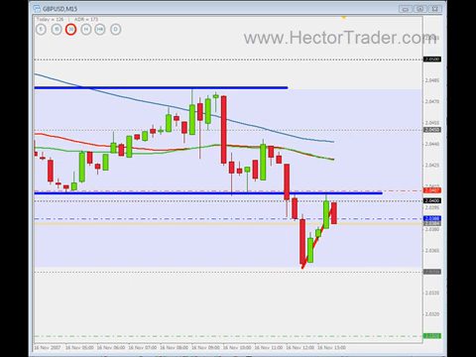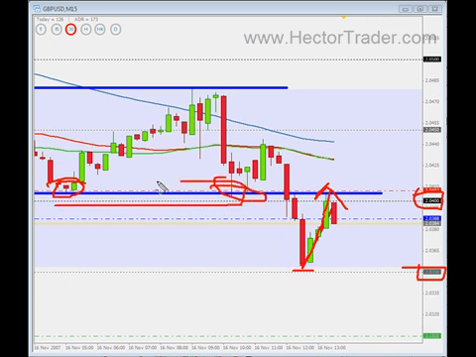Immediately after, we bounced up off the 203.50 round number. We came back up to retest the 204.00. Remember the previous lows, we had a double bottom there, the first portion of the double bottom, then the second portion.